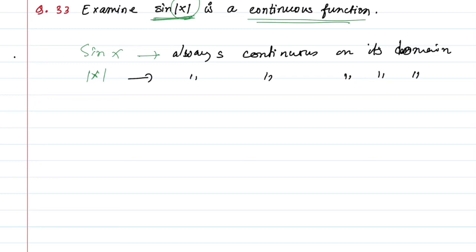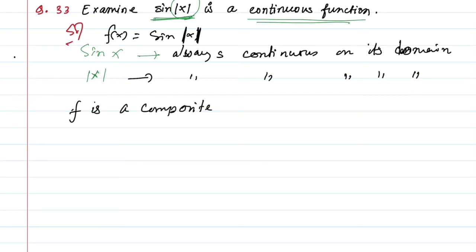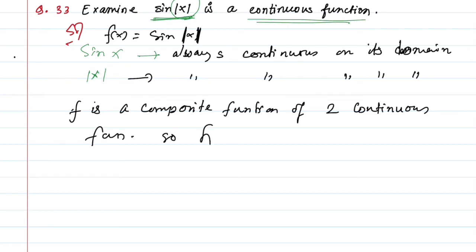So in the solution, f of x is equal to sine of mod of x. So f is a composite function of two continuous functions, so f is continuous. It's simple as that. So let's move on to the next.